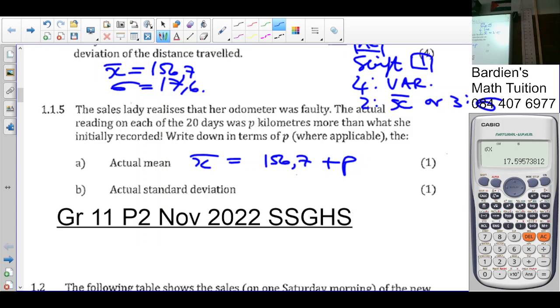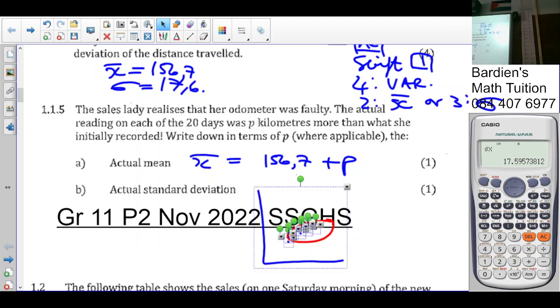The actual standard deviation. So what happens here is the deviation around the mean, okay? If the data goes up by the exact same amount, increased by P for argument's sake, then that means the data doesn't move further apart from each other.